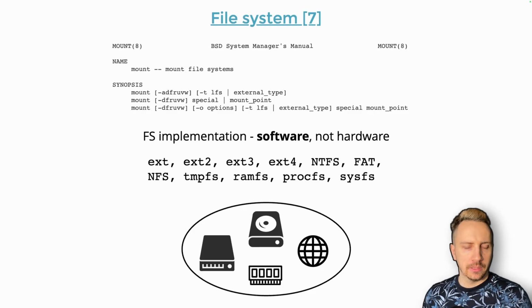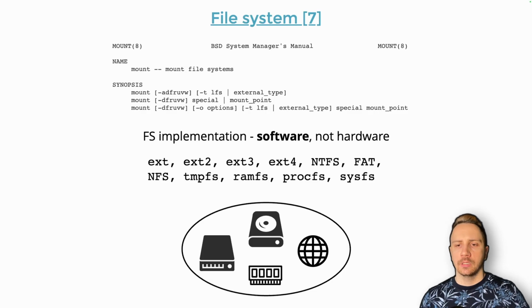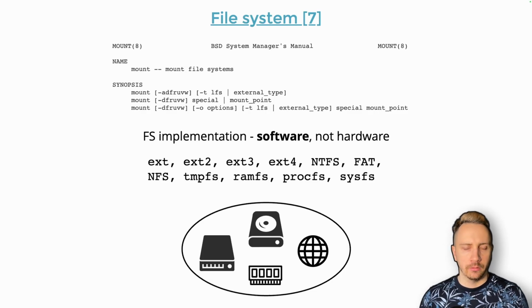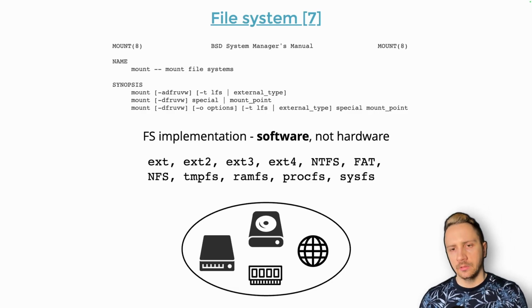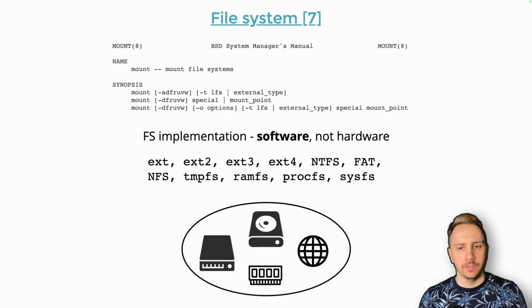Perfect examples demonstrating the software nature of file systems probably could be some already existing virtual file systems that we have in Linux, such as tmpfs, ramfs, the proc directory in your Linux, sys, dev, all those things looking like files but not being files.